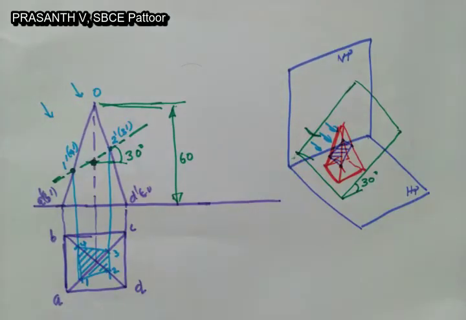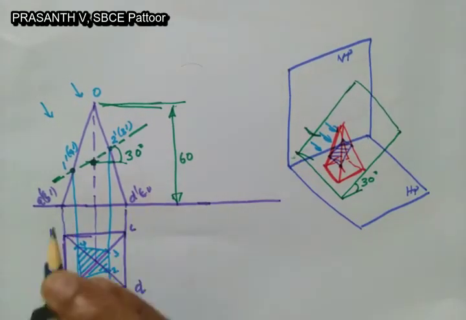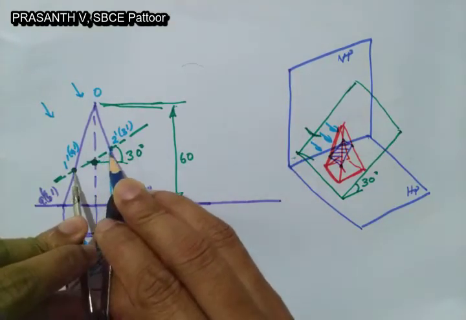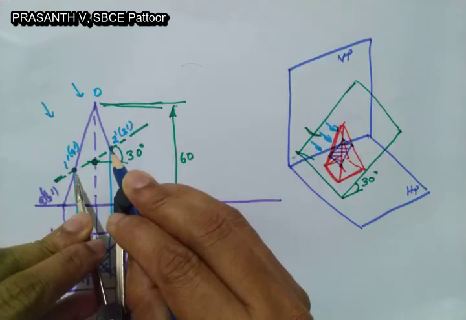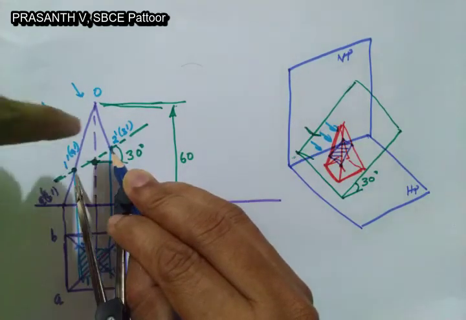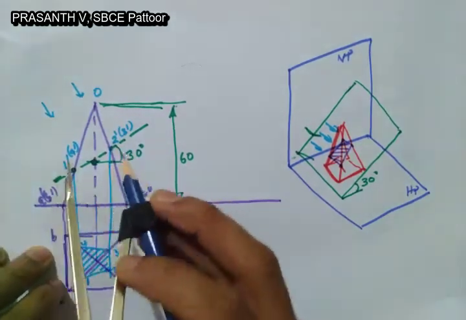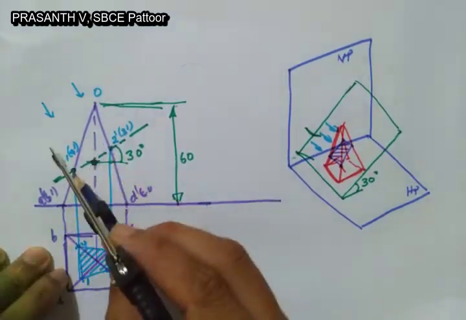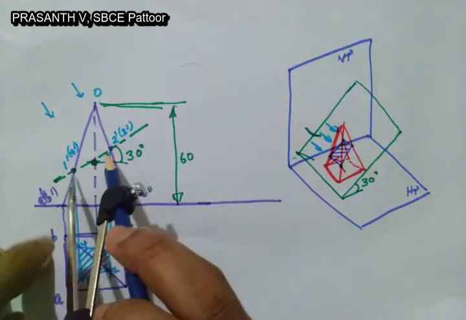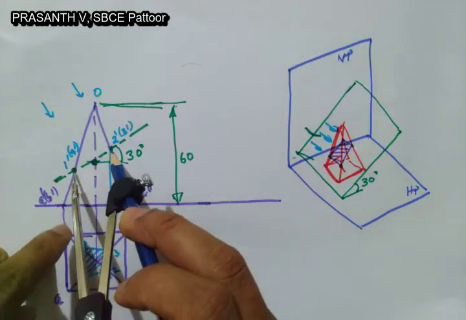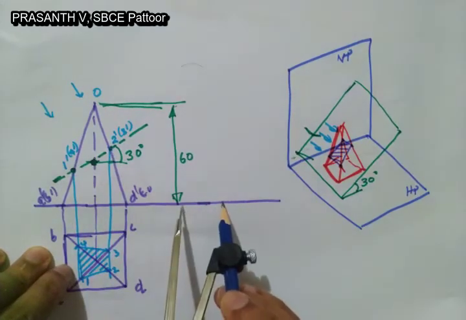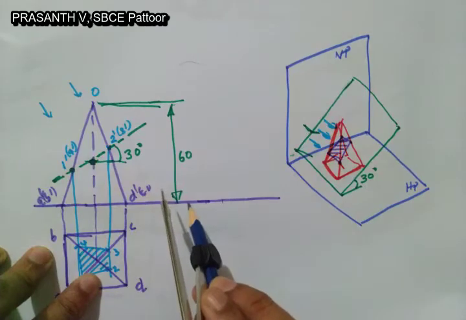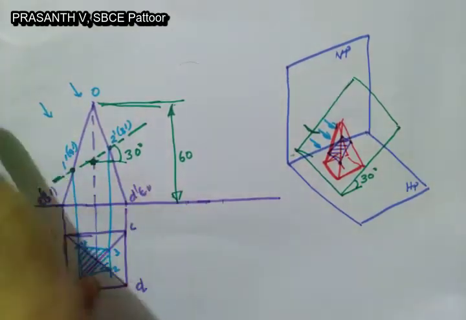First, you just take the distance of these cutting points, the limits 1 dash 4 dash and 2 dash 3 dash, where the section plane cuts the solid. This is the distance of the cutting plane on the solid. You take that distance with a compass and mark it on the XY line.